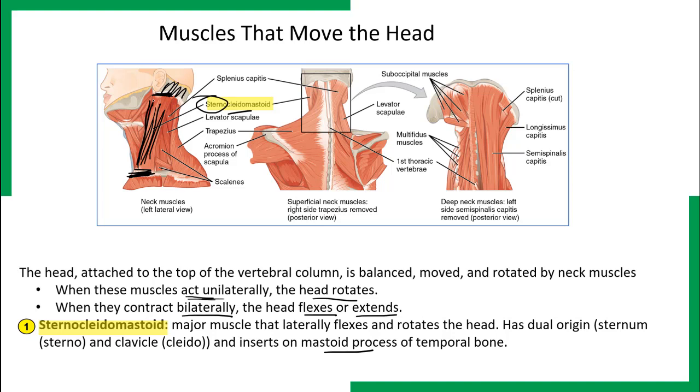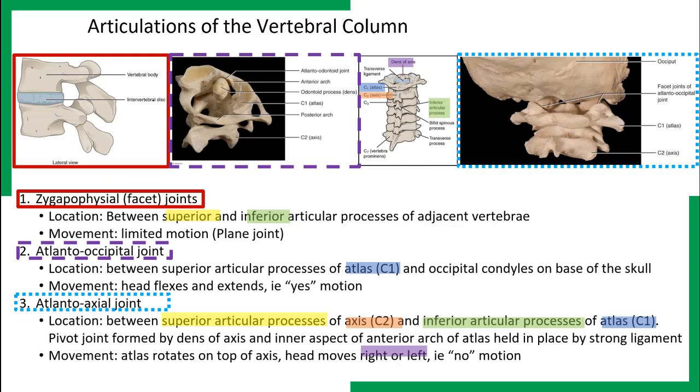Speaking of your head being perched on top of your vertebral column, we're going to move next and look at articulations or joints of the vertebral column. So in general, we have zygapophyseal facet joints, and these are joints that connect one vertebra to the vertebra beneath it, and then there's another joint to connect it to the vertebra above it.